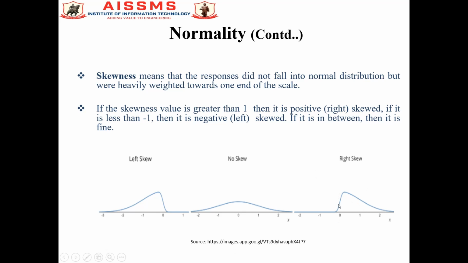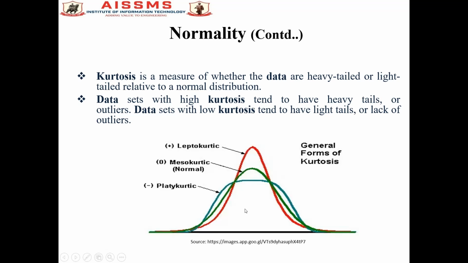This is the right skewed graph, in which the skewness value will be less than -1. It is plus 1 for one side and -1 for the other, and if it is in between, then it is fine. Normally distributed data will look like this, with no skew.